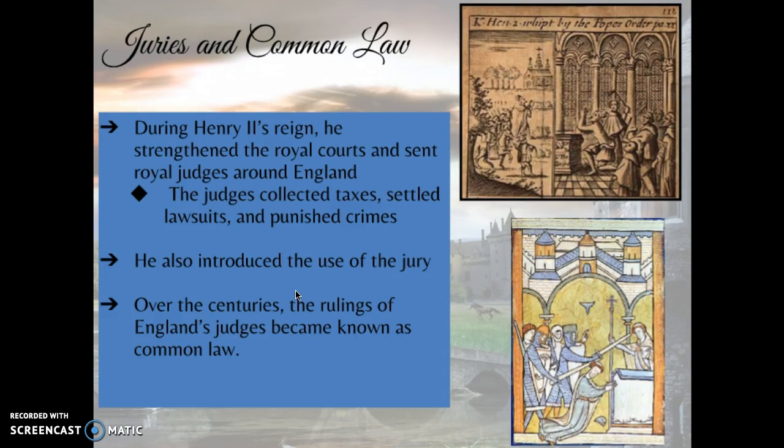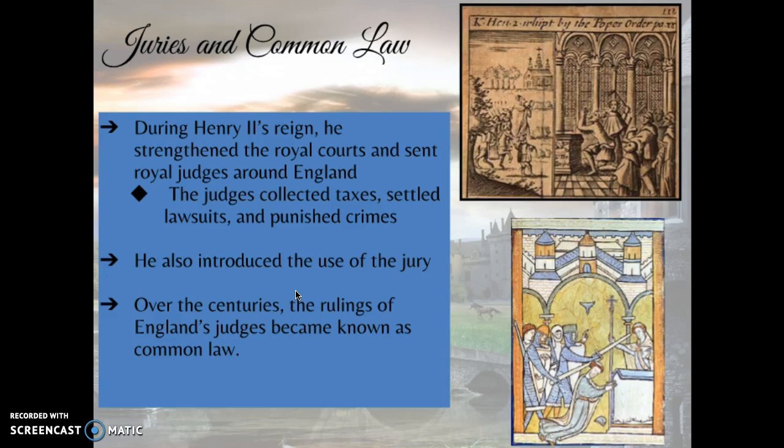Okay, so under Henry II's reign, he starts to strengthen the courts. He would send royal judges around England. They would collect taxes, right? So we're starting to see bureaucracy being built and administration structure coming along.